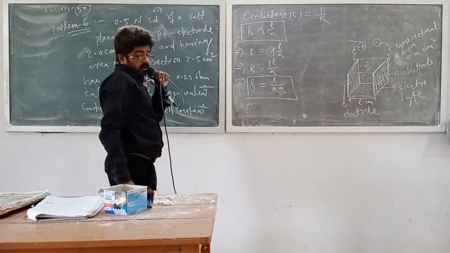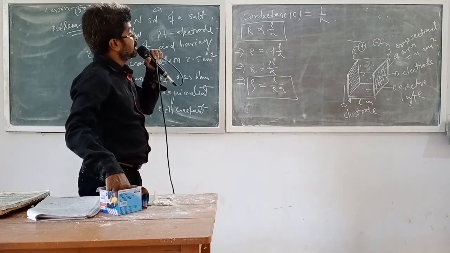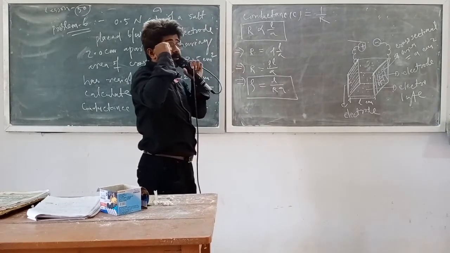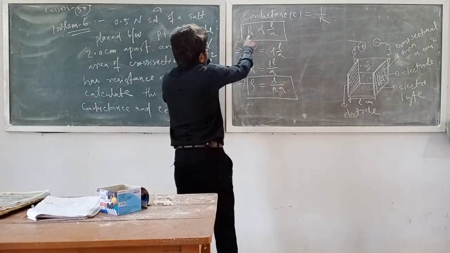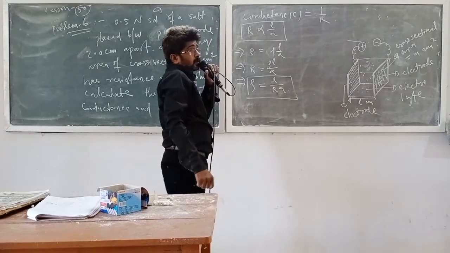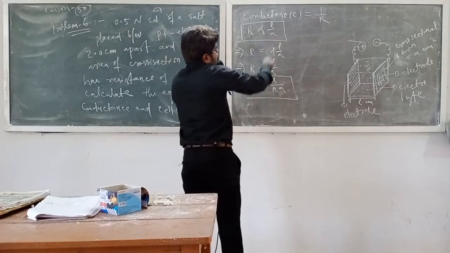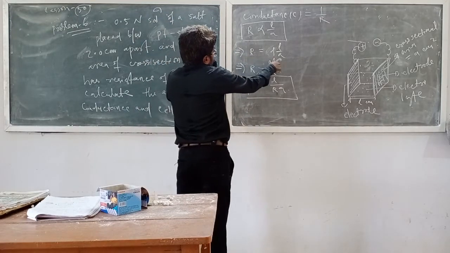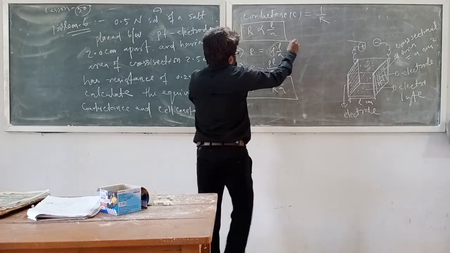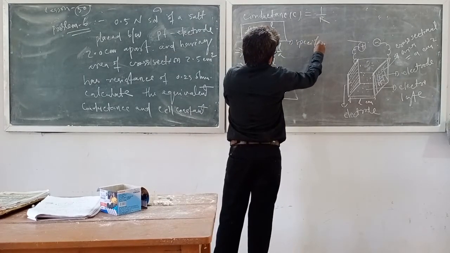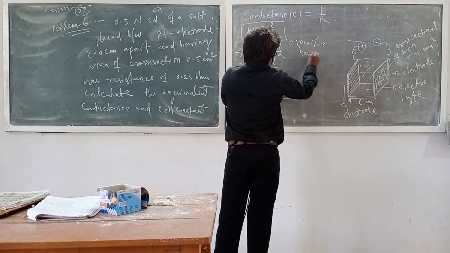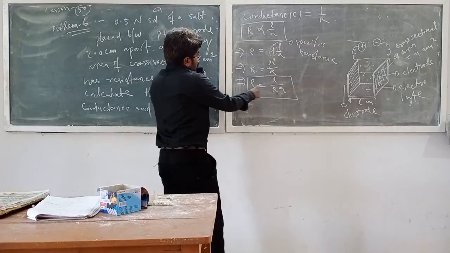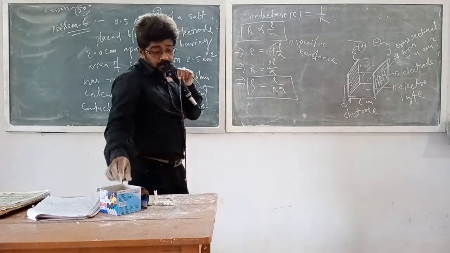Here conductance C equal to 1 by R, and the resistance of the conductor is directly proportional to length and inversely proportional to cross-sectional area. From here we got that R equal to rho L by A. Here rho is specific resistance.